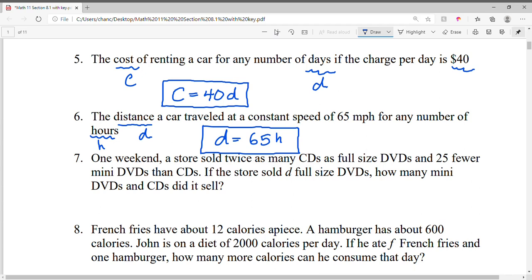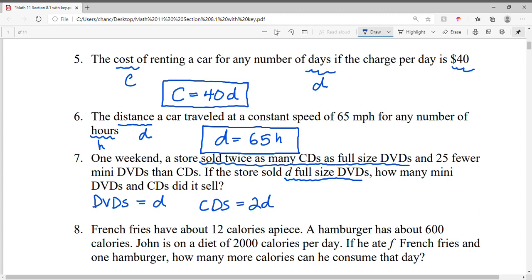The first piece of information that I need is how many full-size DVDs we sold. We sold the amount of full-size DVDs. So I'll write that down here on the corner. DVDs, we sold the amount D. Now we also know we sold twice as many CDs as full-size DVDs. That implies we sold 2D. That's twice the amount of DVDs.